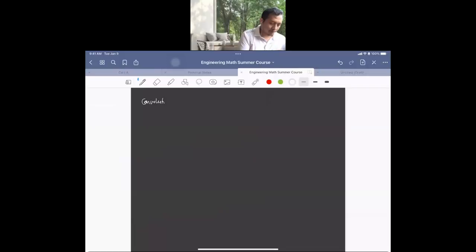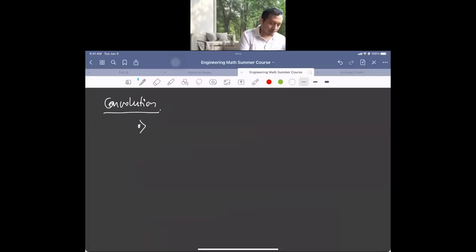Let me just give you some examples on convolutions. Laplace of t squared convoluted with t e^t. This we can write as Laplace of t squared multiplied with Laplace of t e^t.